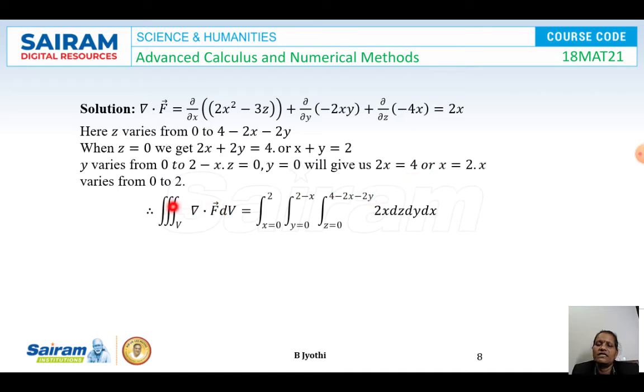So x varies from 0 to 2. Now let us consider the integral. The first integral is x varying from 0 to 2, y varying from 0 to 2 minus x, and z varying from 0 to 4 minus 2x minus 2y, of 2x dz dy dx.